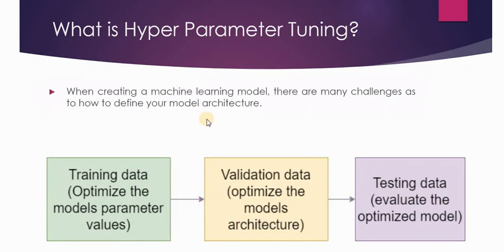Okay, so when creating any machine learning model, we will be presented with design choices as to how to define our model architecture. There are often times we don't immediately know what the optimal model architecture should be for a given particular model, and thus we would like to be able to explore a range of possibilities. In true machine learning fashion, we will ideally ask the machine to perform this exploration and select the optimal architecture automatically.